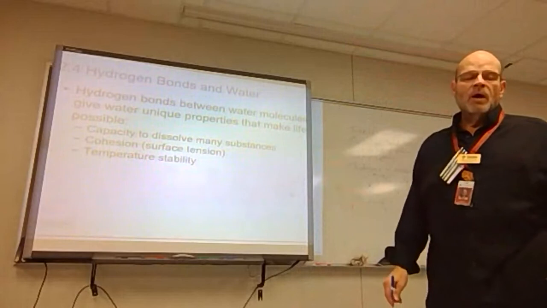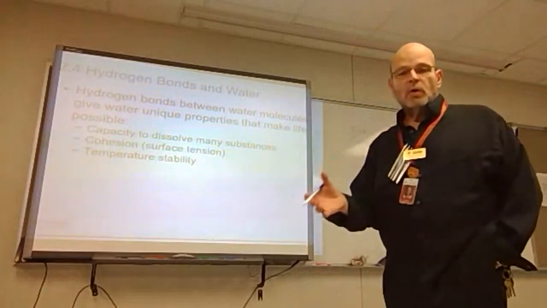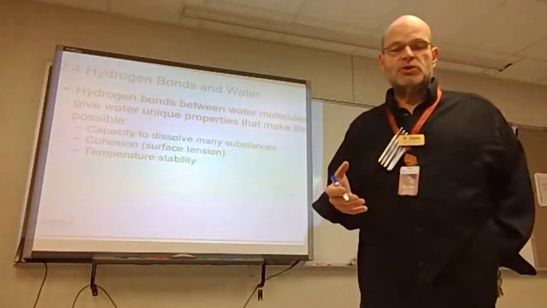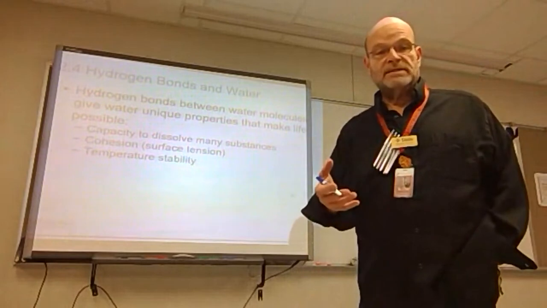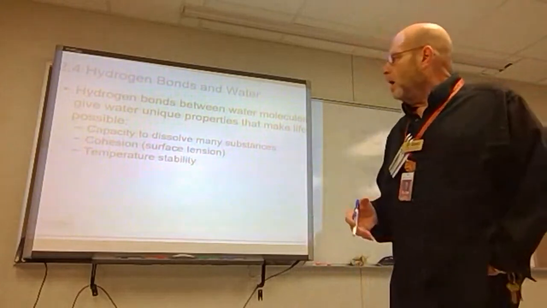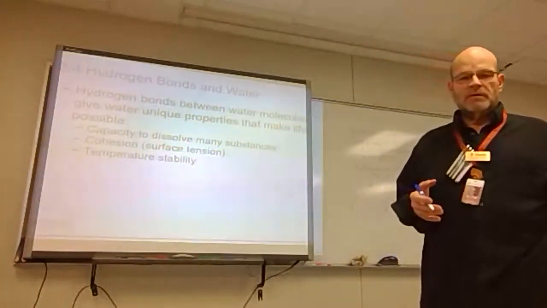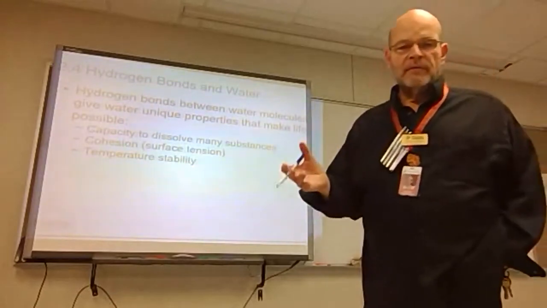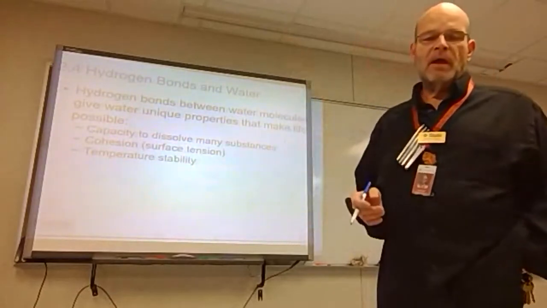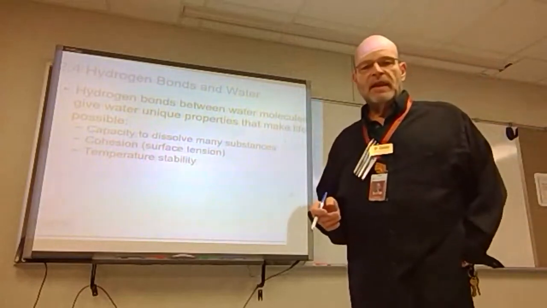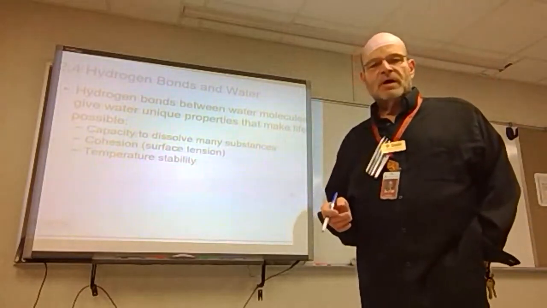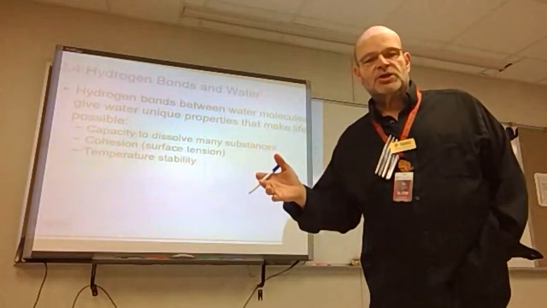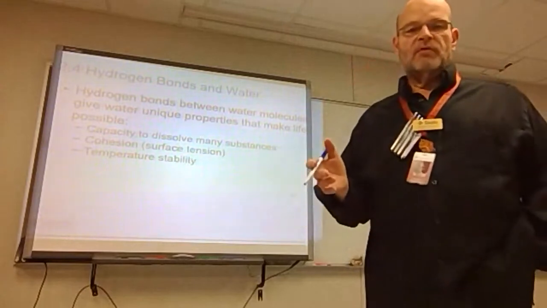Temperature stability. Water is very good at controlling temperature. How do human beings control our body temperature? One of the ways is we sweat. Swimming pools, if you go to the community pool or a country club pool or any kind of water park, wherever you happen to go, you know that it's way into June before that water gets really, really comfortable.